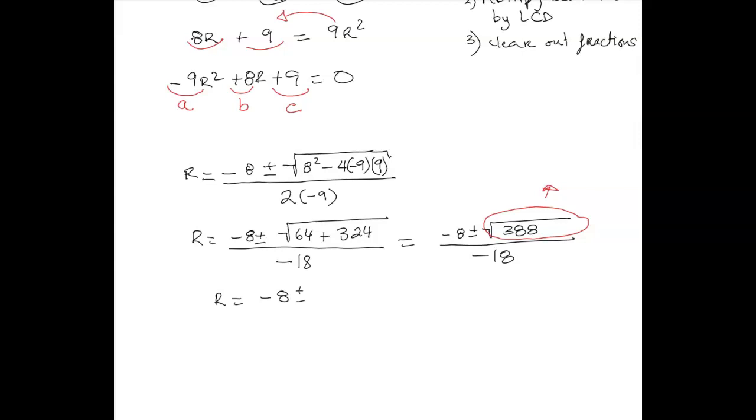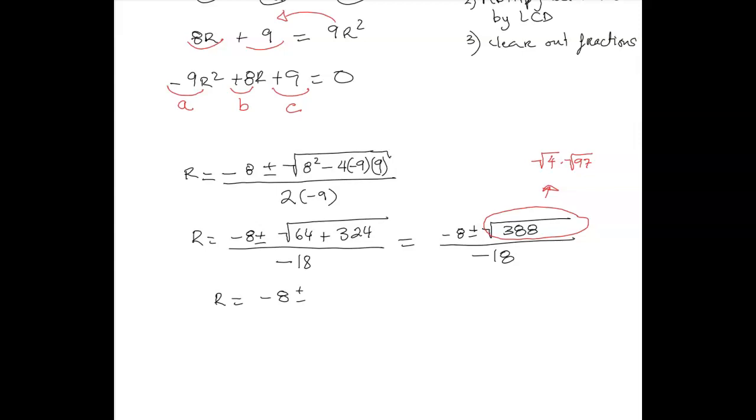Because it seems like there's an 8 at the end. Let's see if it's divisible by 4. And 4 is a perfect square. So 388 divided by 4 gives you 97. So square root of 4 times square root of 97 is equal to square root of 388.